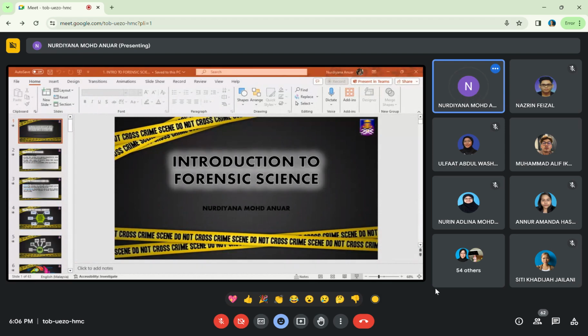CSI. Maybe investigating the crime scene. That one is also considered CSI, crime scene investigation. Correct? Modus operandi. Good.